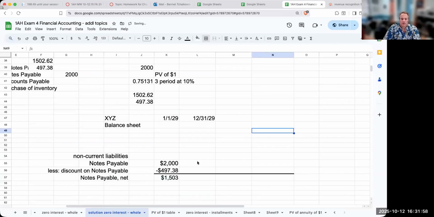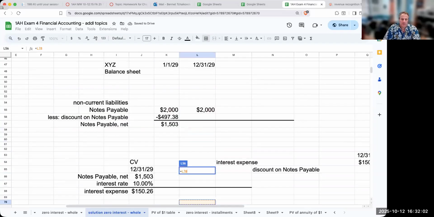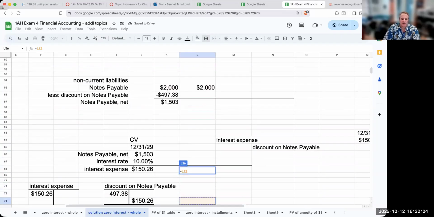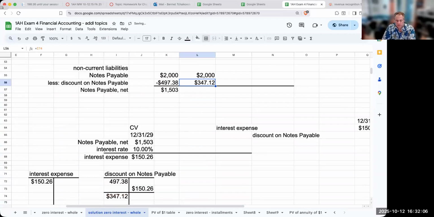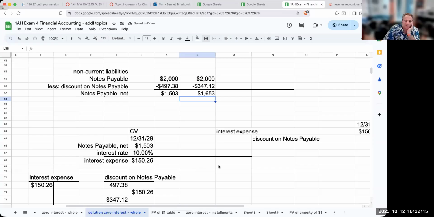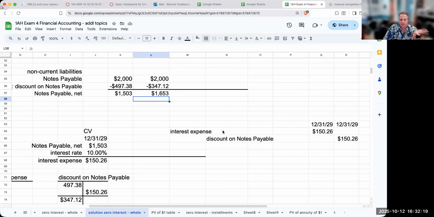As of 12/31/29, my discount on notes payable is now going to be at 347.12. So my new carrying value in my notes payable is going to be 1653. Again, the journal entry to record this is a debit to interest expense, credit to discount on notes payable, to record interest expense.